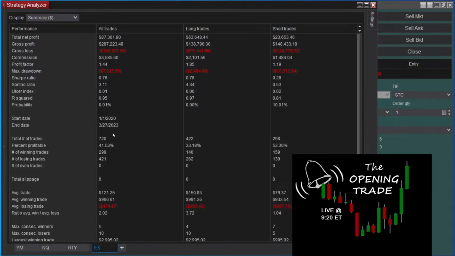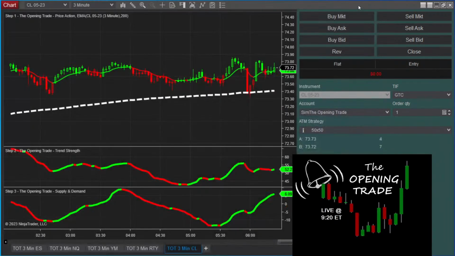Okay, so now that we've taken a look at those, the first thing I like to do is make sure that my charts are on a 3-minute candle. I'm on the right account and the right strategy.